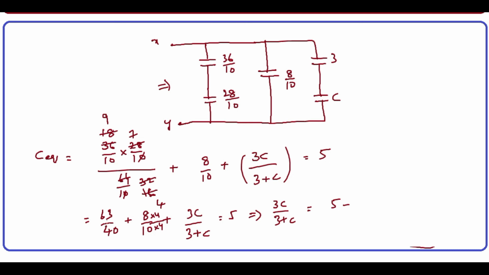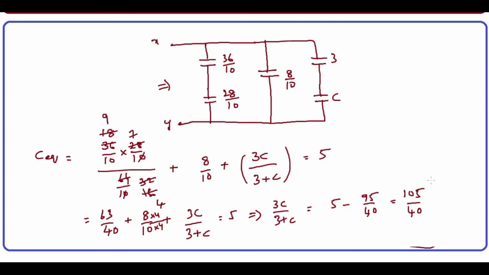So 32 plus 63 is 95 divided by 40. It will go to that side: 95 by 40, which is equal to 200 minus 95 by 40, which comes to 105 by 40. That's all, and we will solve for C.